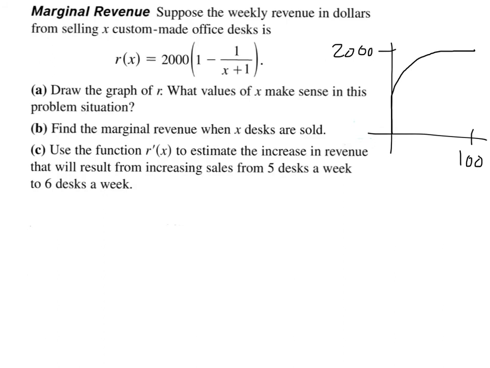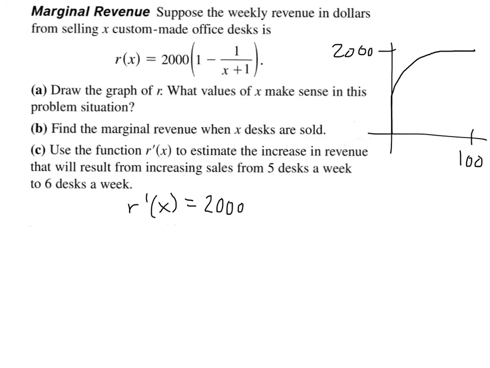So, find the marginal revenue for when x desks are sold. So we need to take the derivative here. This is a harder derivative, so let's see if we can simplify it a little bit. We're trying to find R prime of x. We can kind of ignore that 2,000, just leave the 2,000 out there. 2,000 times the derivative of the inside.